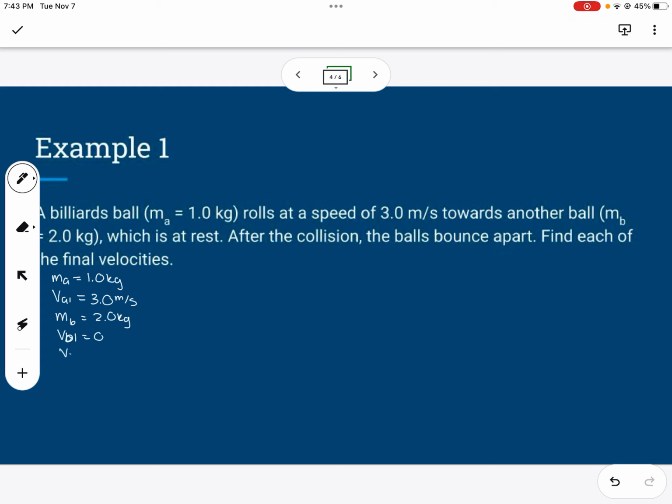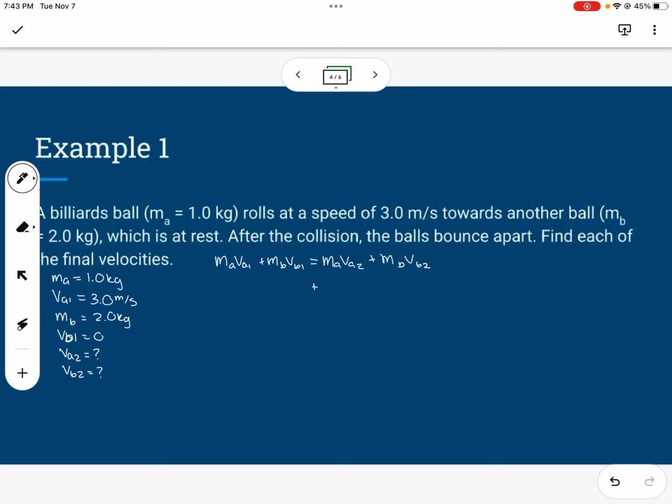Find each of the final velocities. So what is VA2? What is VB2? I guess they could be the same, but if they're bouncing apart, they probably won't be. So that's why we have two unknowns, two separate things here. The two equations we're going to use, our conservation equation, MAVA1 plus MBVB1 equals MAVA2 plus MBVB2.